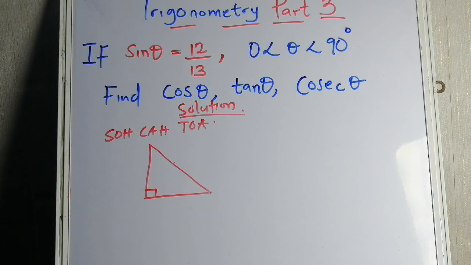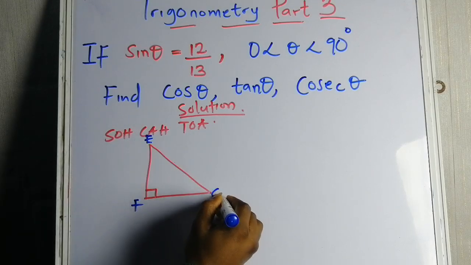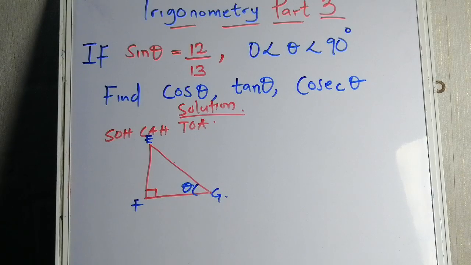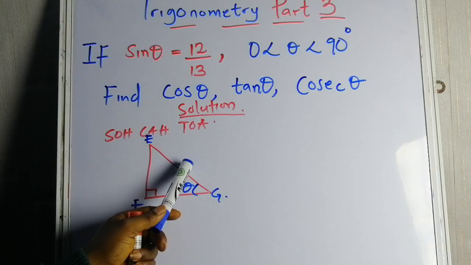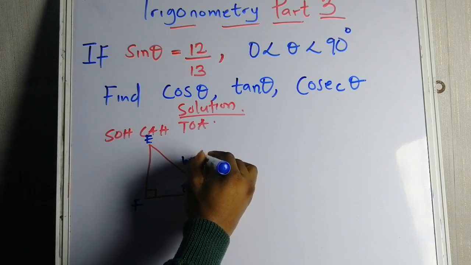So you can put your theta anywhere. Let's still maintain what we mentioned in part 1. Let's assume these are theta. And I told you where the right angle is facing is what we call the hypotenuse.